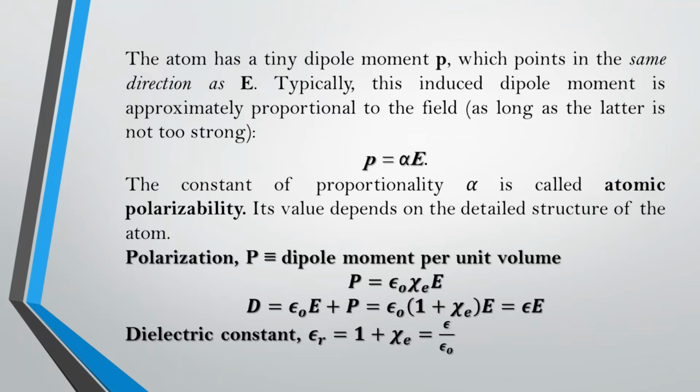Okay, so capital D is equal to epsilon E. So this epsilon is epsilon 0 into (1 plus chi E).